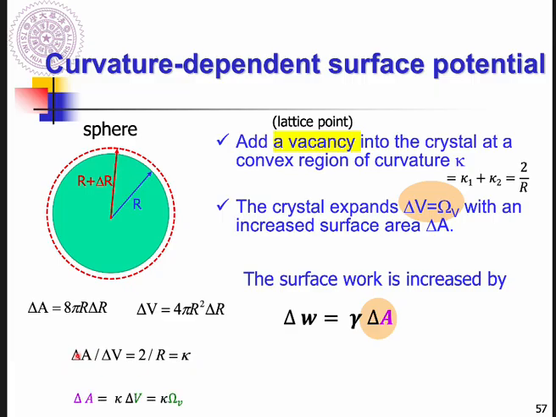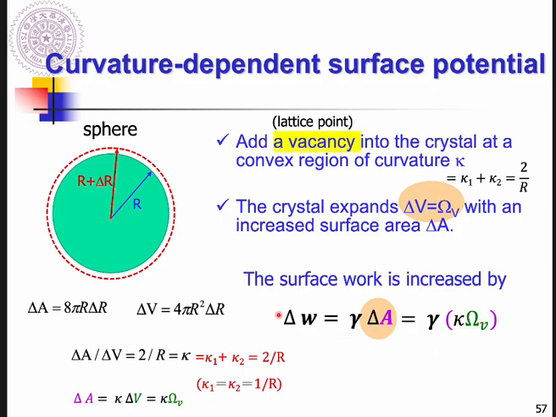So delta A can be expressed as kappa times delta V, and we know delta V equals omega V. So I can substitute gamma kappa omega V here. So the extra work is just for your reference. As long as you deal with a sphere, kappa equals 2 divided by r.